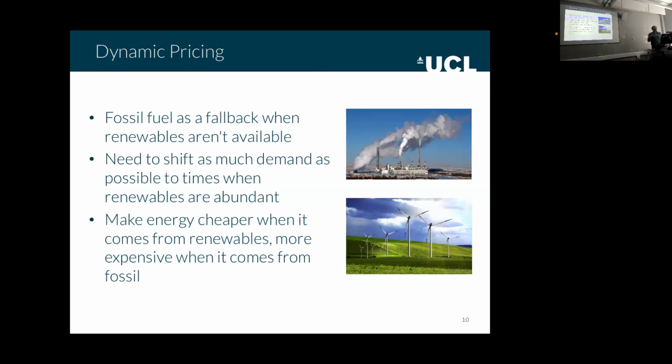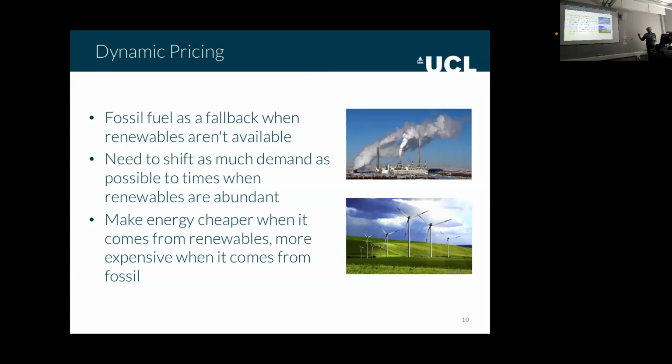You can also think of it as a carbon tax. It's not the only mechanism, but it's one that I found very appealing and very interesting to work with. So this means that before I turn on my washing machine to do my laundry, I should check what is the current price of energy. I should also look at the forecast.